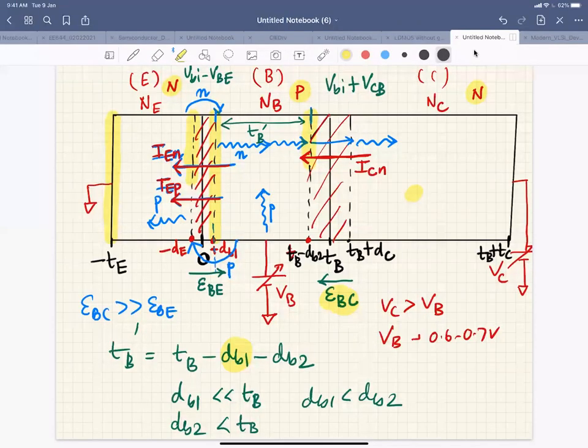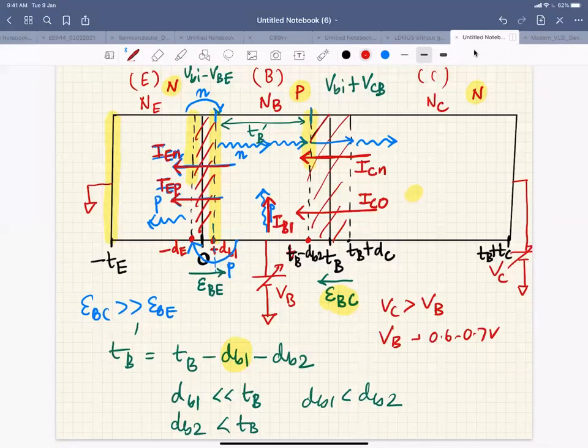In the reverse bias junction, minority carriers flow from N to P by drift, right? So this will give you IC0. There are holes flowing from collector to base, and that is nothing but the reverse current, IC0.